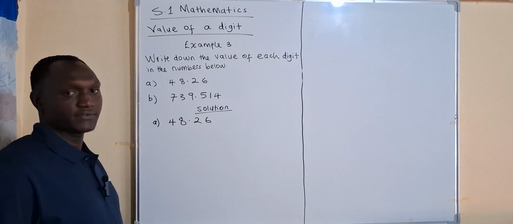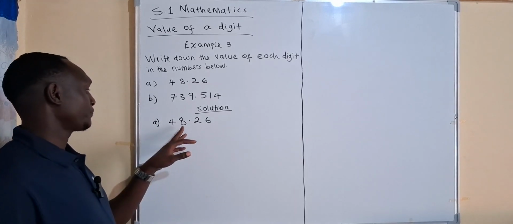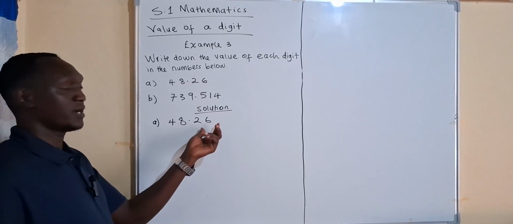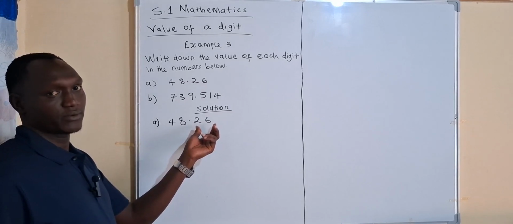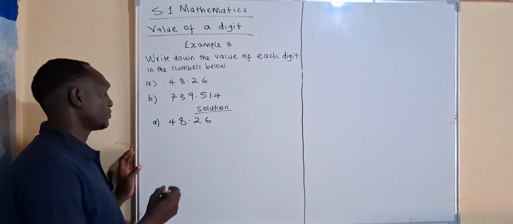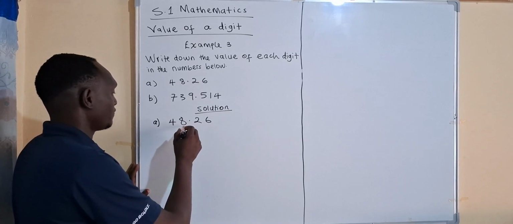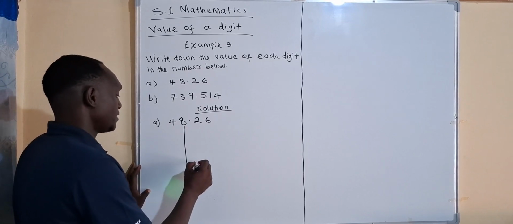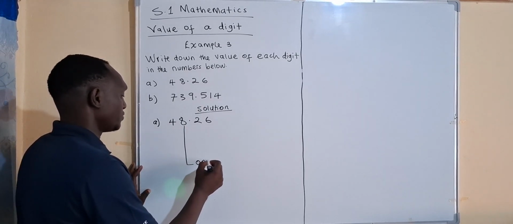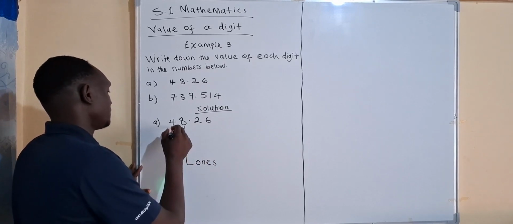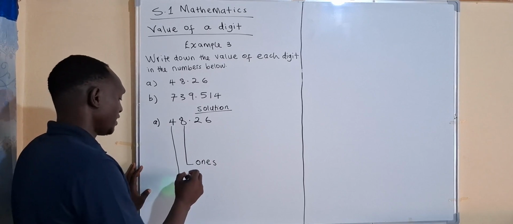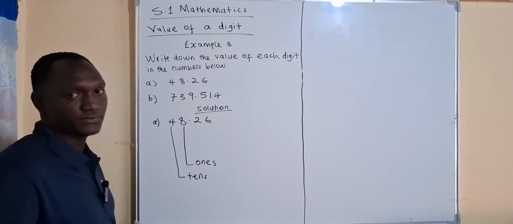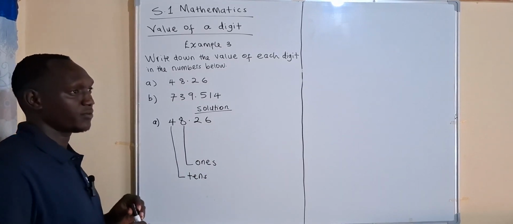In the previous videos, we said that you give the place values for the whole number section separately, and the ones after the decimal point separately. Starting from here, for the whole number side, 48: 8 is in the position of ones, then 4 has a place value of tens. That is how you give it for the numbers before the decimal point.